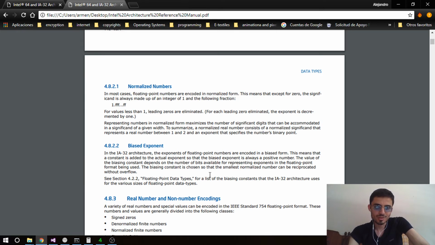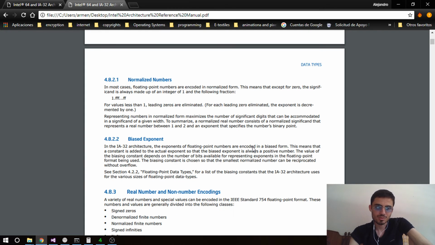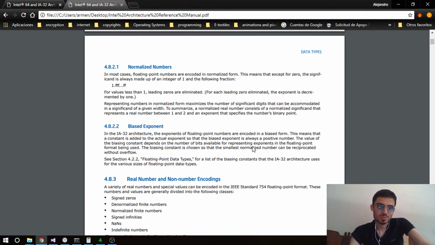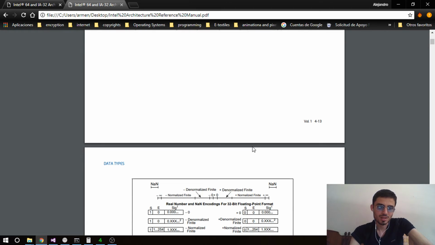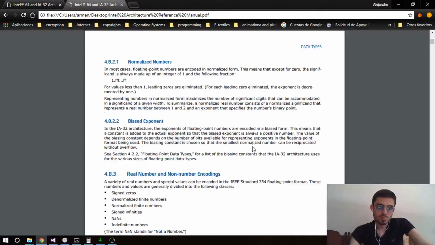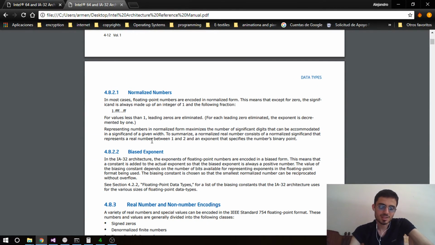And we think we have to dig a little bit more into how values are normalized, because here I don't see that. But what I see is that the numbers normally go from 1 to 2. That's what a normalized number is. How do they normalize it? That's the question.